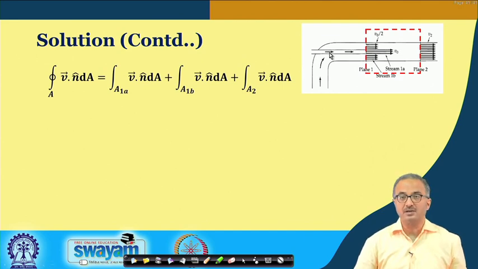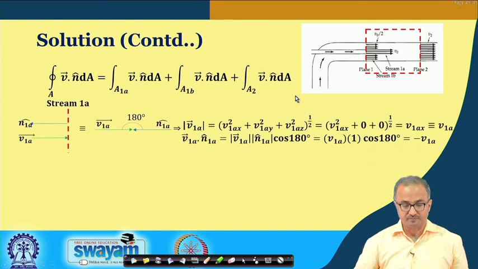The first stream is the inner tube, that is the motive fluid. The second is the outer fluid, that is the suction fluid, and the rest is the combined fluid. So we have 3 terms: one for 1A for the shorter tube, 1B for the outer cross section available to the suction fluid, and A2 available to the mixture of both the motive and the suction fluids. So we break up this whole flux term into these three components.